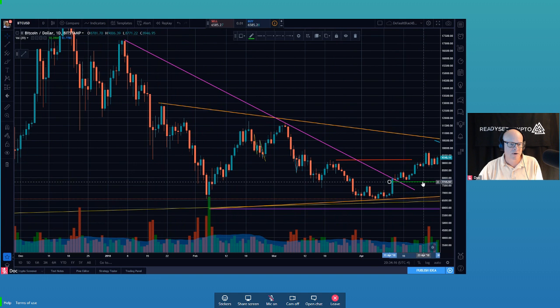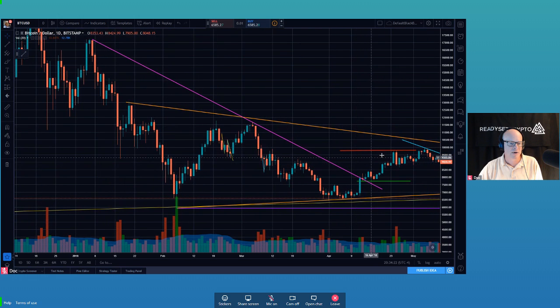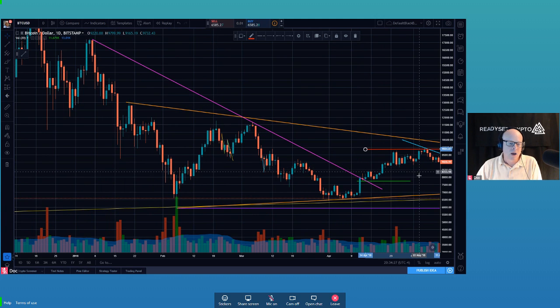We now have a higher low, higher high. We have the daily chart starting to trend higher. And I would almost bring this one up here as well. So we have a fairly tight range.